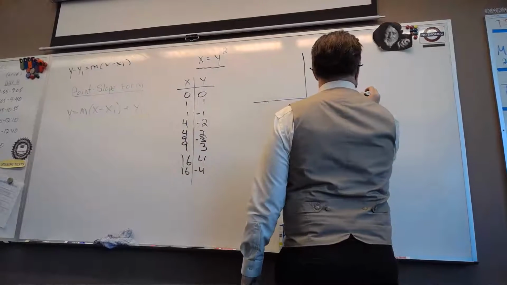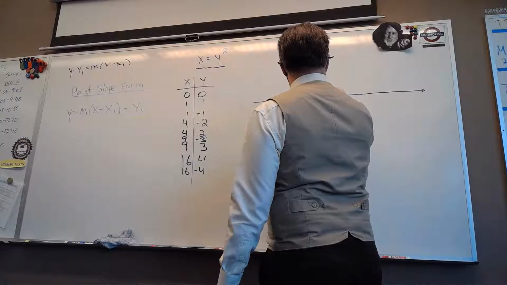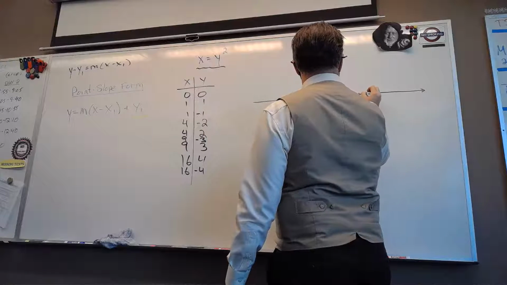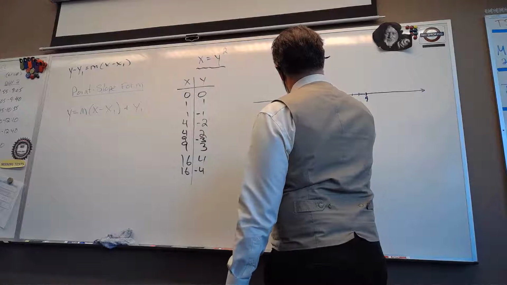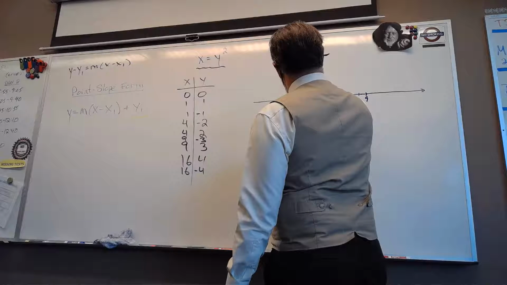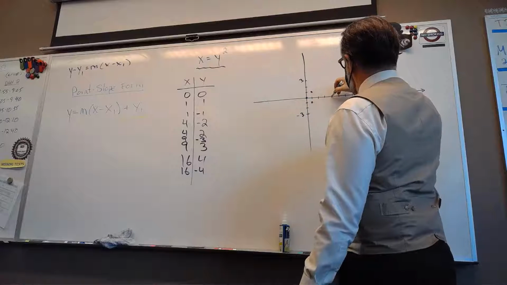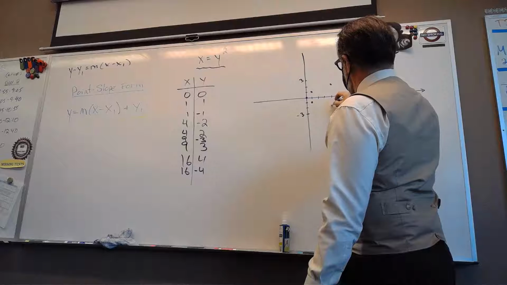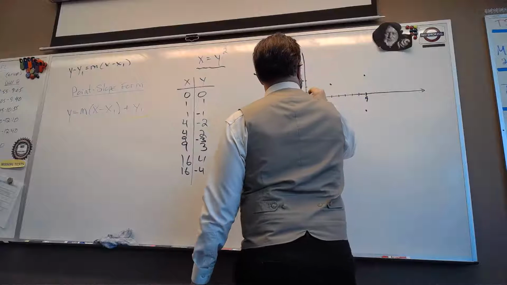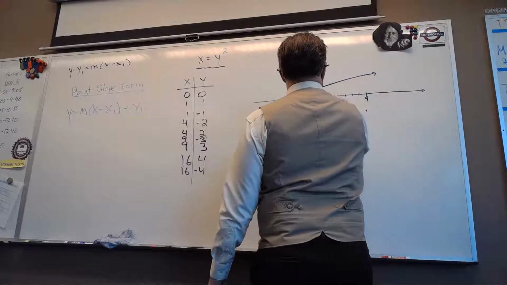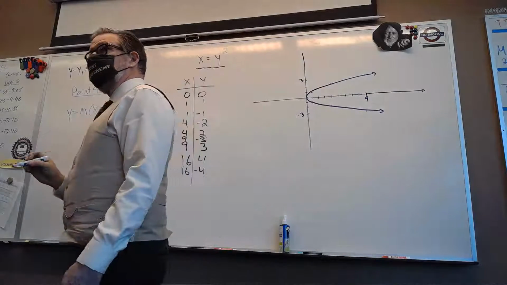In fact, I'm not even going to go out to 16, but you guys are having so much fun. 1, 2, 3, 4, 5, 6, 7, 8, 9. 0, 0. 1, -1. 2, -2. 3, -3. Cool.